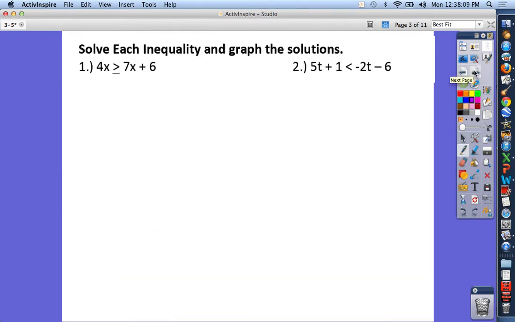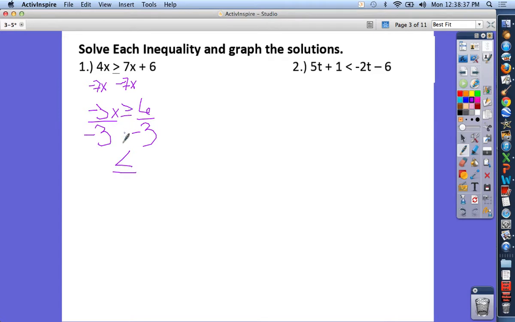First thing, number 1, we have here 4x is greater than or equal to 7x plus 6. So I'm going to subtract 7x from both sides. 4x minus 7x is negative 3x is greater than or equal to 6. Divide by negative 3. Remember, when you divide by a negative, right away we're going to flip it.